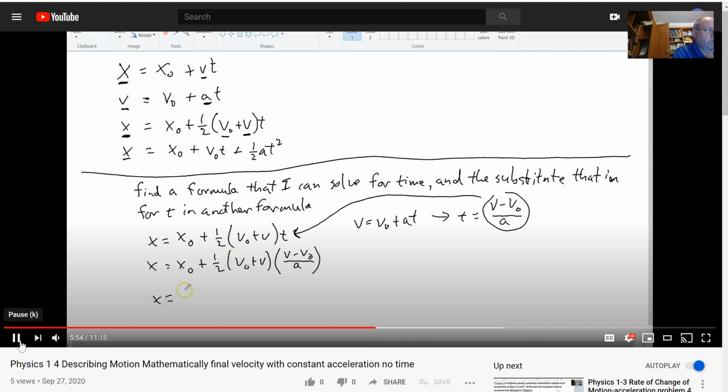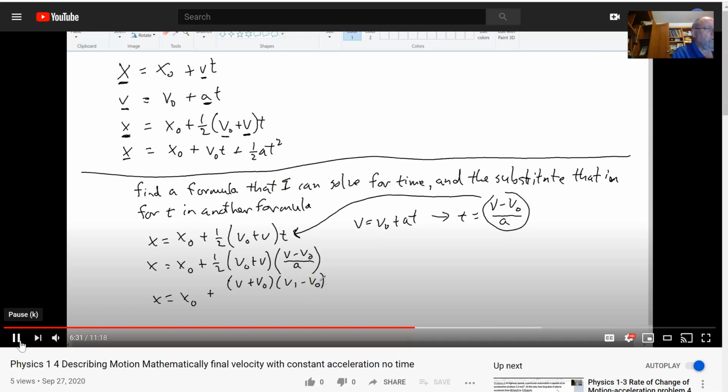We'll say x equals x0 plus, and I'm going to switch the characters here, v plus v0 times v minus v0, and let's not have that little dot in there. v minus v0.